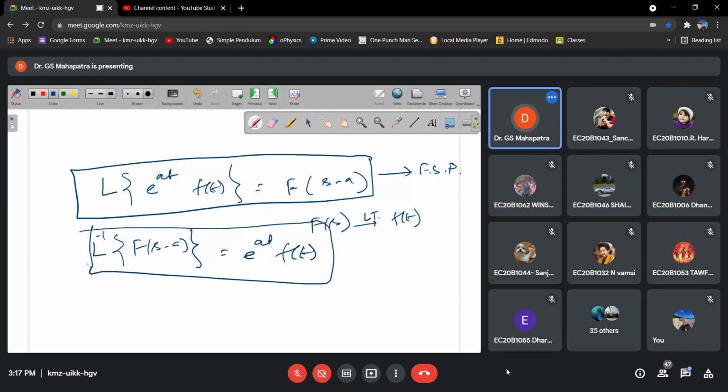The inverse transform of first shift property, correct? So for this one, inverse Laplace transform of 1 by (s plus 1) whole square. What is the answer?